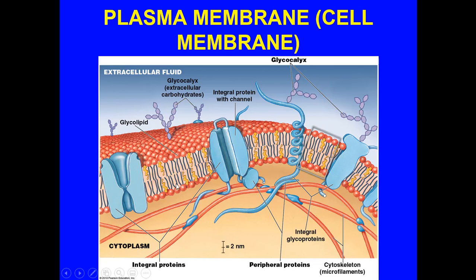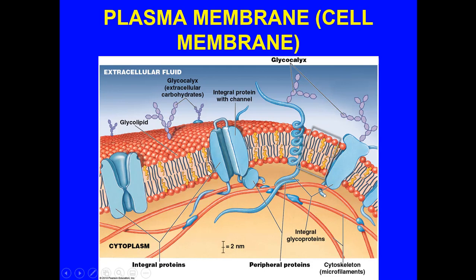When we talk about just the lipid composition of the membrane itself, you'll always notice the extracellular fluid, that's the watery environment on the outside, and the cytoplasm, which is the watery environment on the inside. You will have what they call a lipid bilayer. Here's one layer, here is the other layer, and you will always note that the hydrophilic part of the amphipathic molecule, this phospholipid, you'll always have the polar part facing the watery environment outside and the watery environment inside.